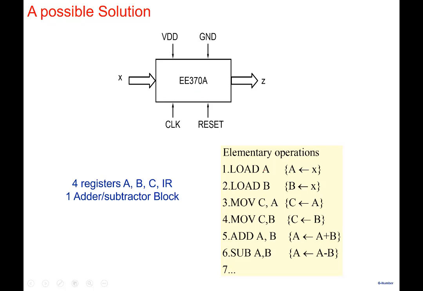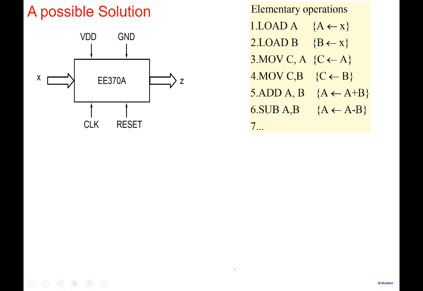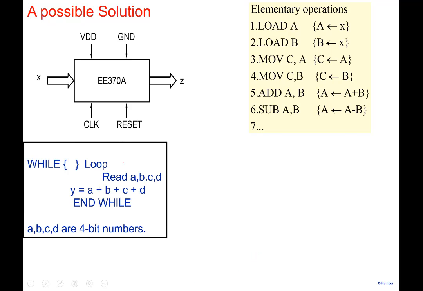From the choice that I put here, you can see that if I can do these things, in general, I may be able to add and subtract any numbers. If something is missing, we can add some more elementary instructions. All right, so this is where we are. So now this is the IC that we would like to design.